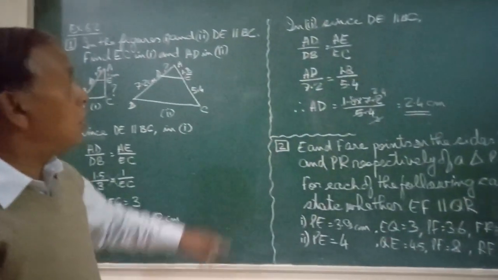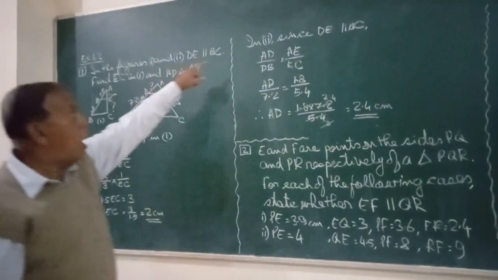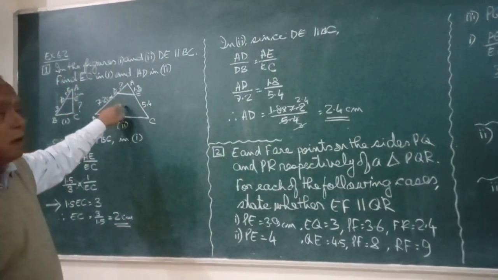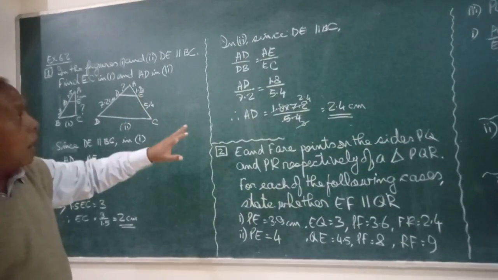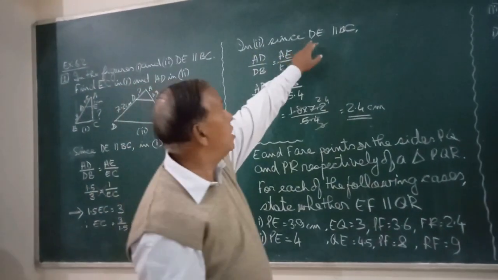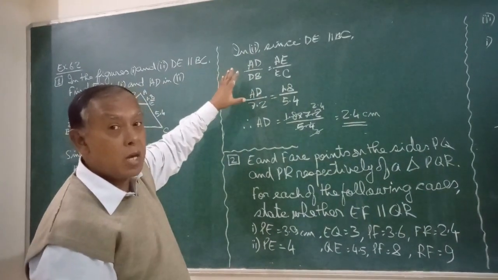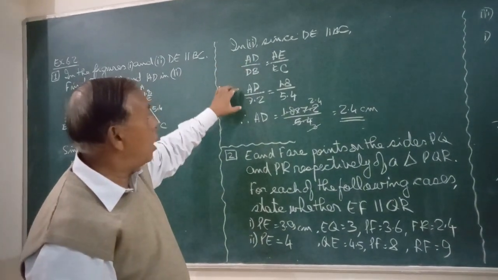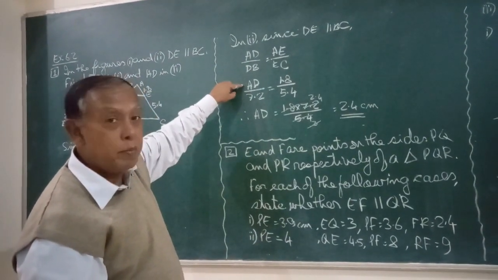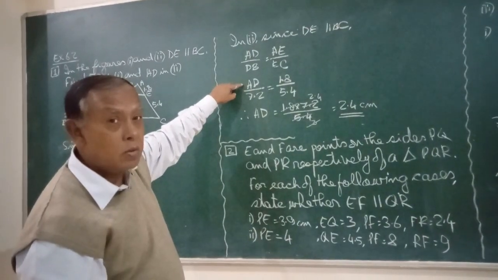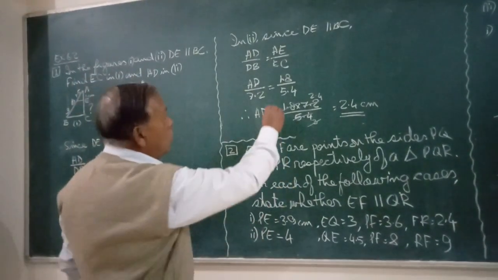Okay, we continue the same question and we are asked in the second figure. We are given the measurements and then we say, since DE is parallel to BC, we apply the same theorem and then we apply the numbers. Notice AD is alone. Here too, you do cross multiplication.